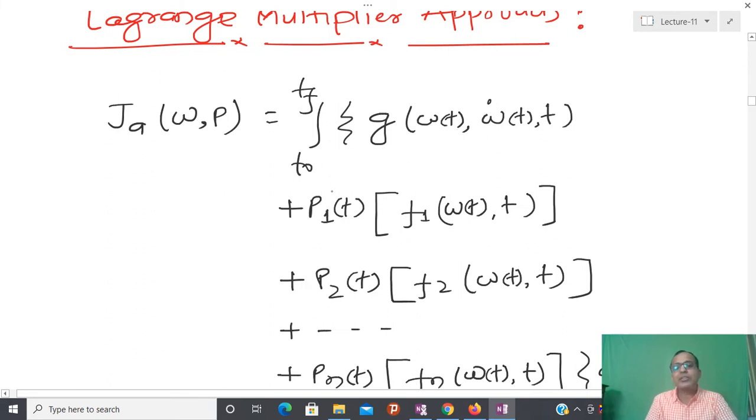Here I am going to assume that since pt is varying with respect to time, it can take any arbitrary required value, such that they adjust themselves so that at the optimization or extremization point, this function Ja is exactly equal to our original functional.